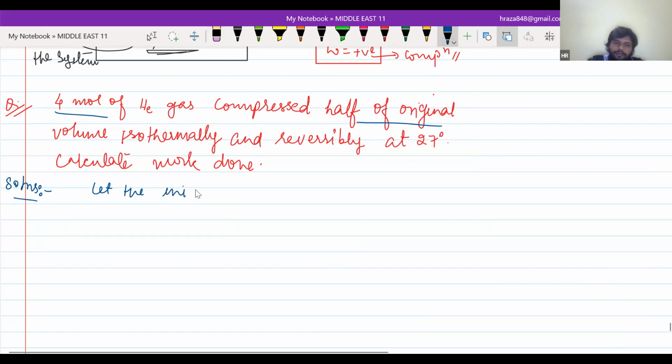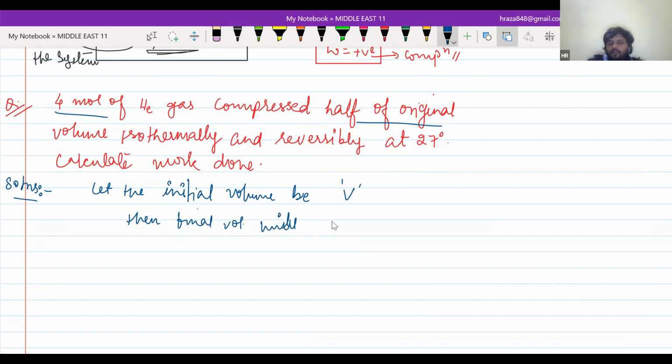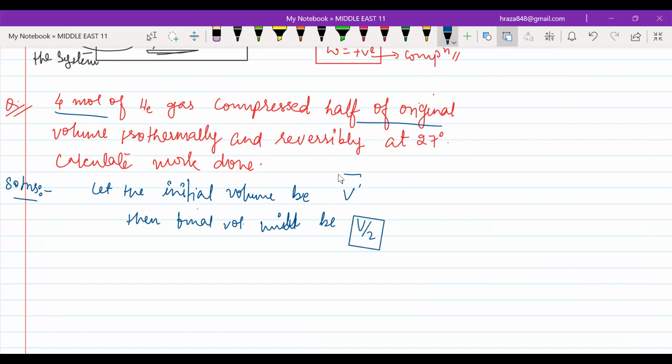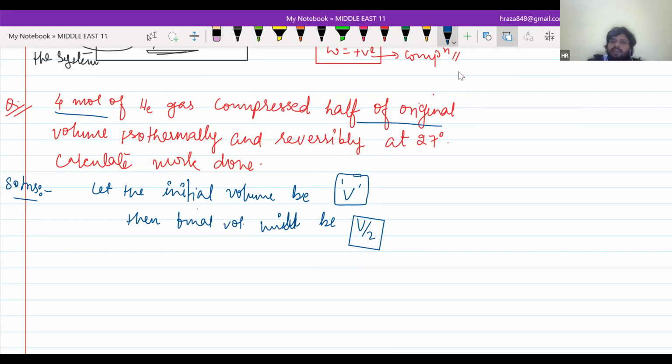Let the initial volume be V, then the final volume, according to the question, will be V upon 2, right? Yes, sir. Krishna, according to the question, it is compressed to half of the original. That means the initial volume is V, and the final volume is V upon 2.